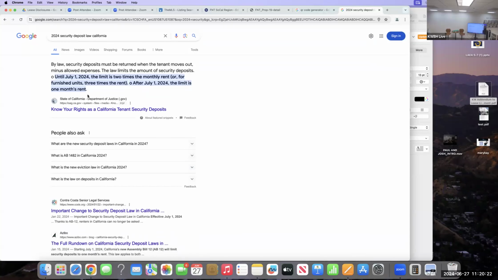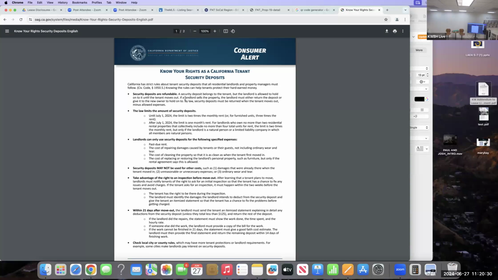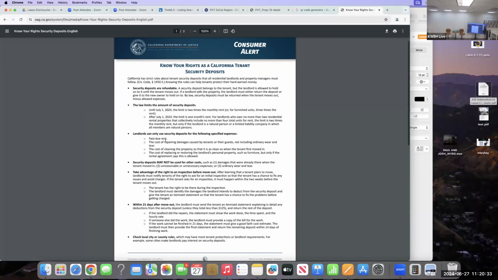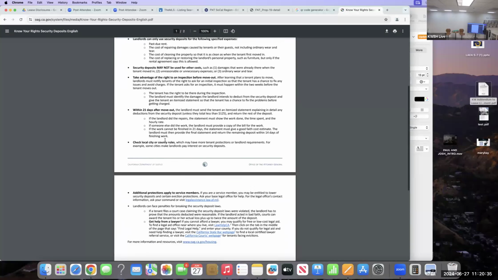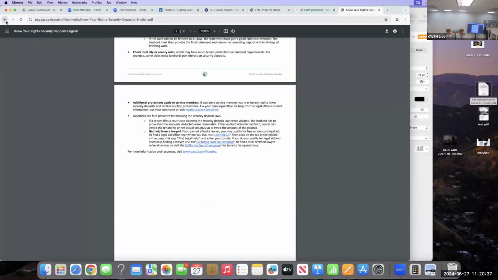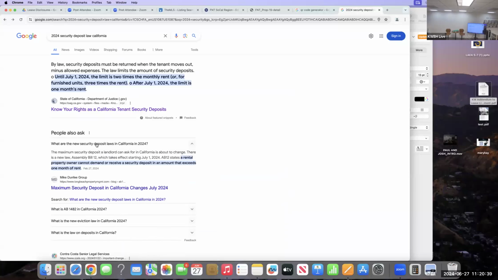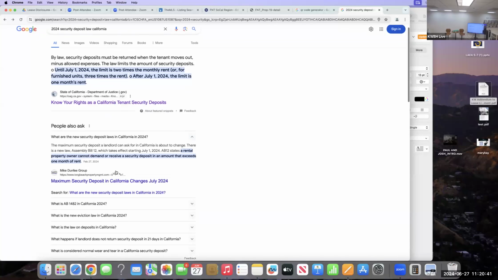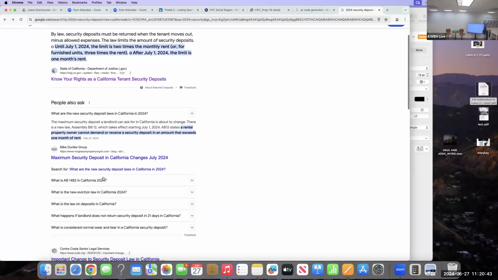Whenever I Google, I want to make sure I'm looking at a government website. It's very important where my source of information is coming from. So, know your rights, California tenant security deposit. That's an older thing. What is the new security deposit law? It's called AB 12.